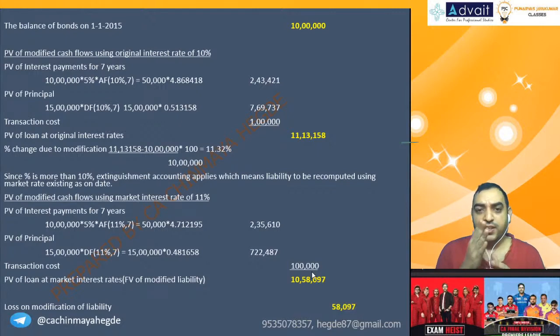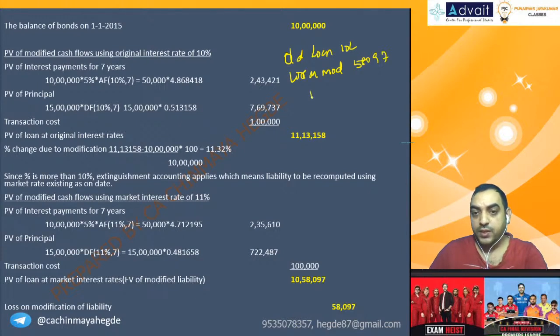The journal entry is very simple. The existing loan amount is 10 lakh, so you debit the old loan 10 lakh and loss on modification 58,097, to the new loan 10 lakh 58,097.